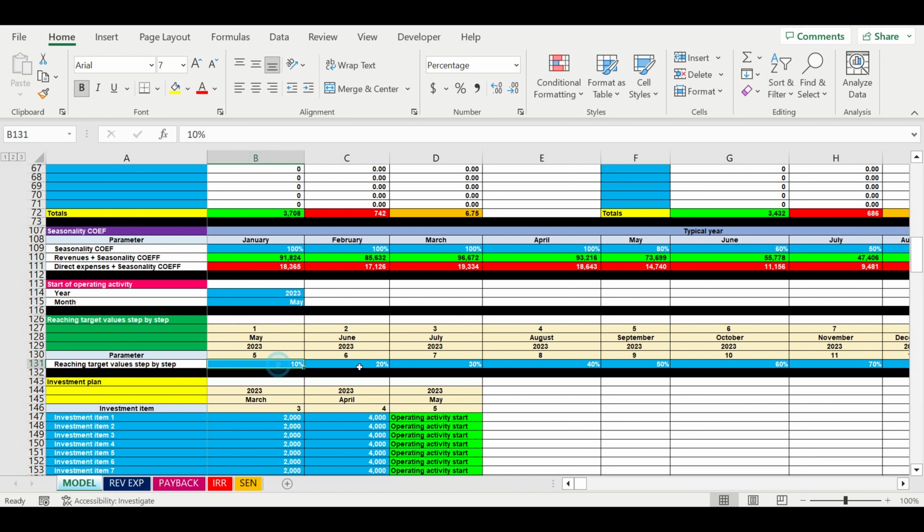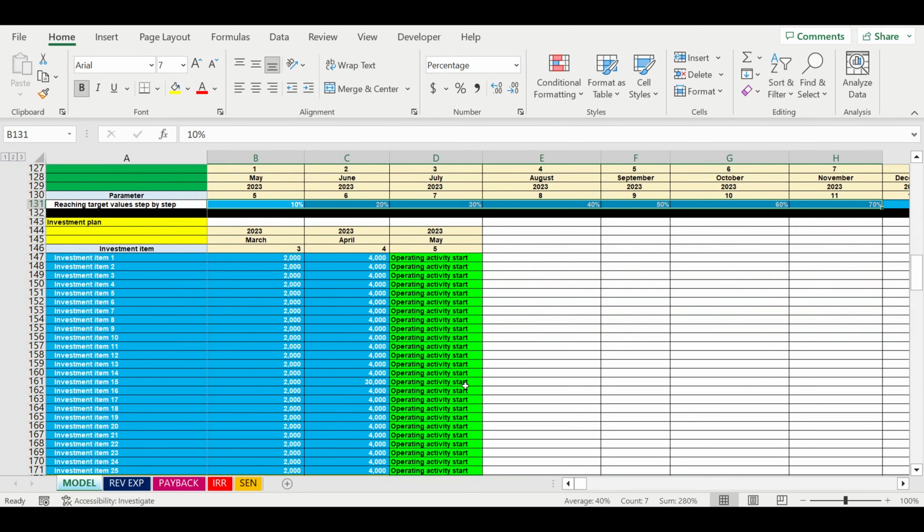So we can play with these numbers, with the speed of reaching the target revenues. These are the targets with seasonality, and this is the pace of reaching these target parameters. Why do we need these inputs?